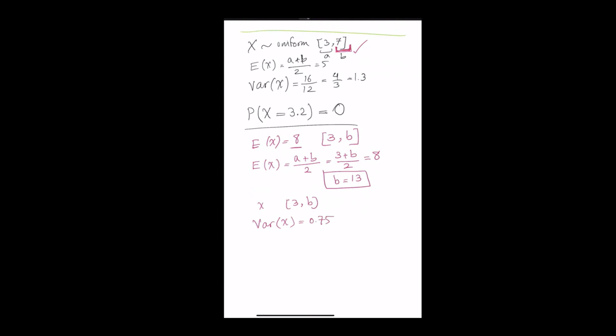And variance is B minus A to the power of 2 divided by 12. It's going to be B minus 3 to the power of 2 over 12. This is going to be 0.75. If you solve this, you get B, the upper limit, that is going to give us this variance as opposed to 1 over 3, which we found.